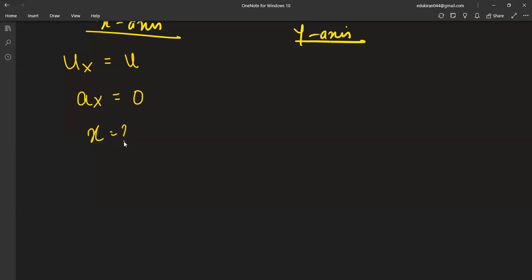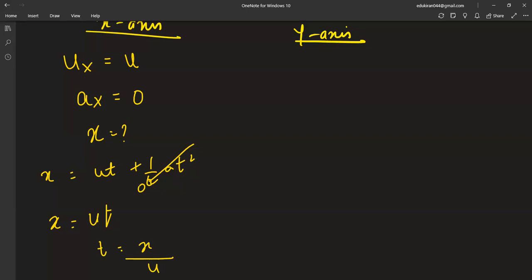Displacement, yes, that we do not know. So what will it be? See, if you use the equation x equals ut plus half at square, this term will be 0. So your x is going to be ut. Remember, in the derivation of angular projection also we did the same thing. That time your t came out to be x by u cos theta. Right now, time is coming to be x by u.